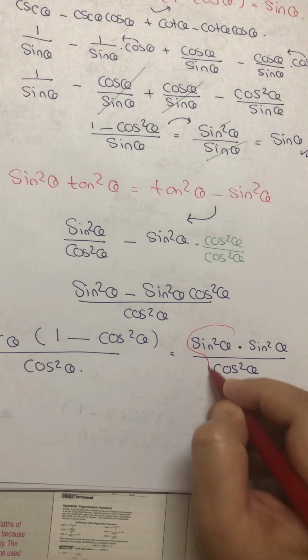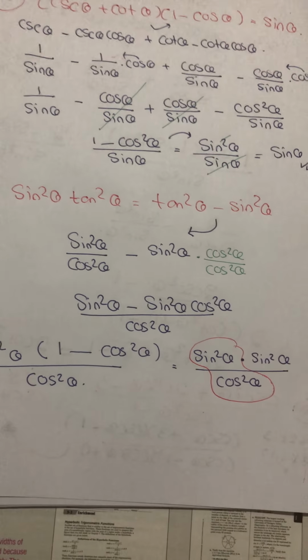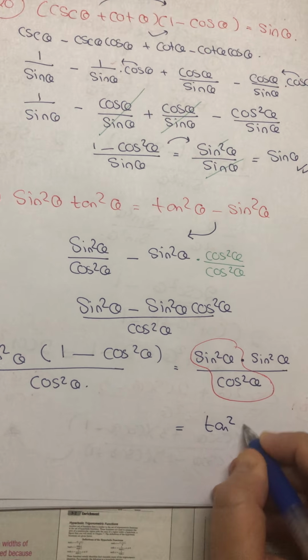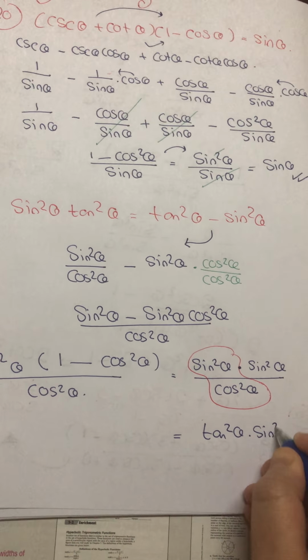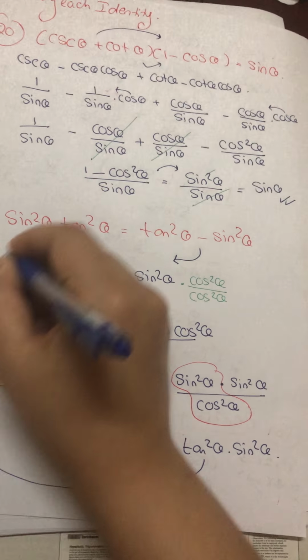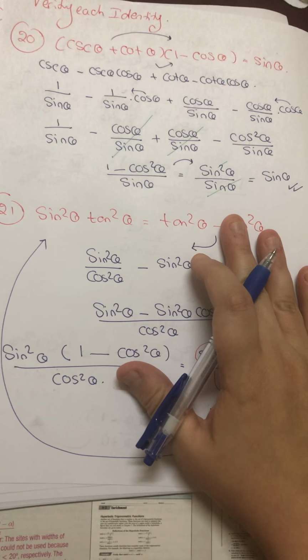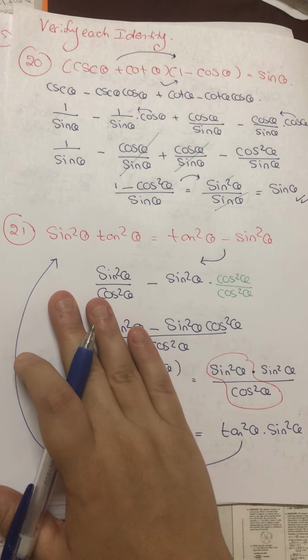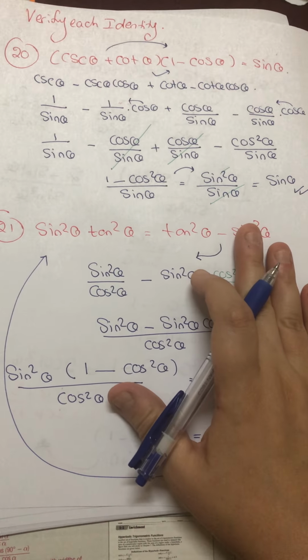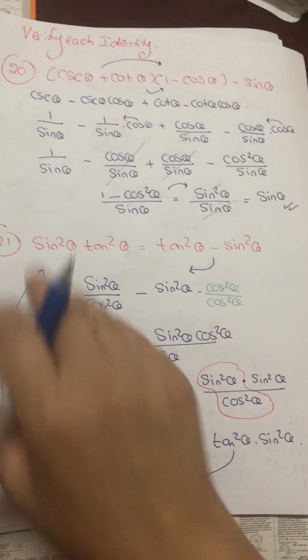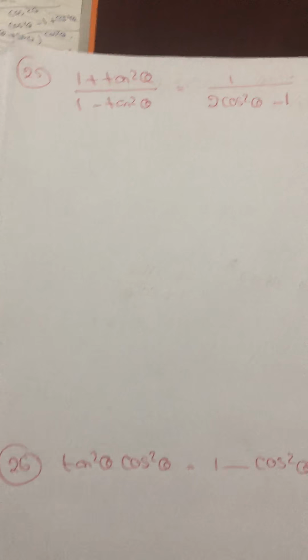Sorry, over cosine squared theta, it is tan squared theta. So I will get tan squared theta times sine squared theta, and this is the left side of the identity. So here I started from the right and I reached the left. There's no problem. Start from the right and reach the left. Work on both. As long as you prove they are equal, you're very good.